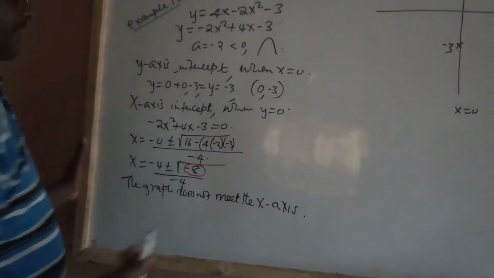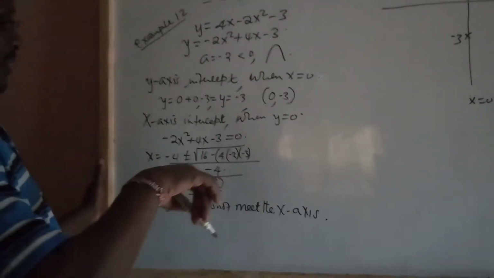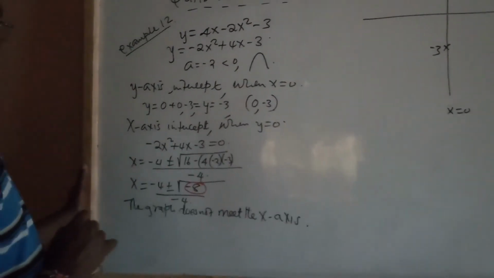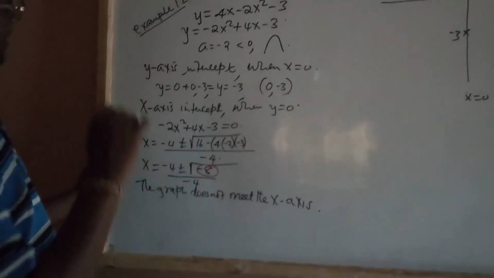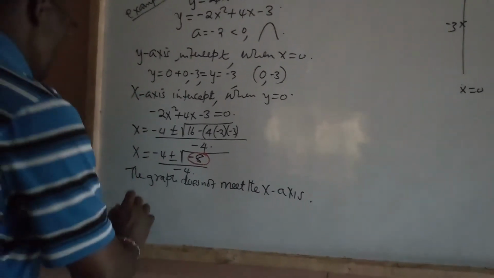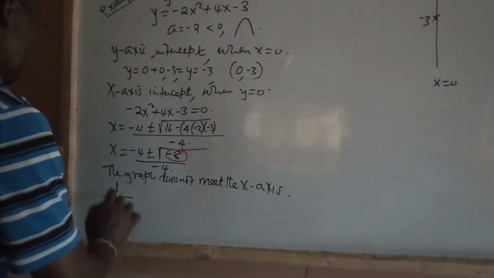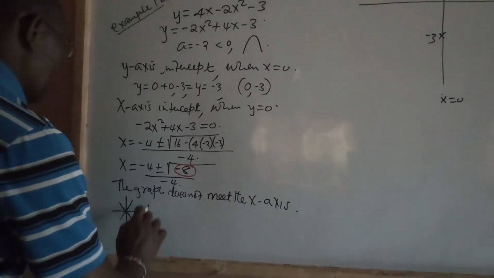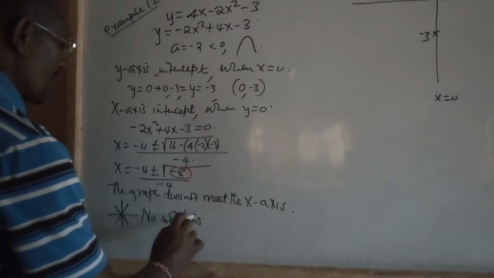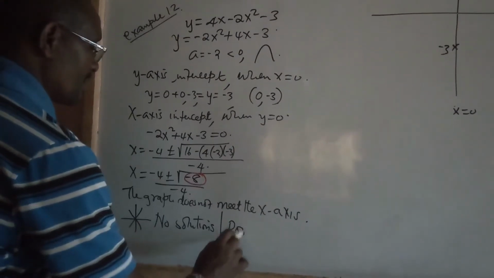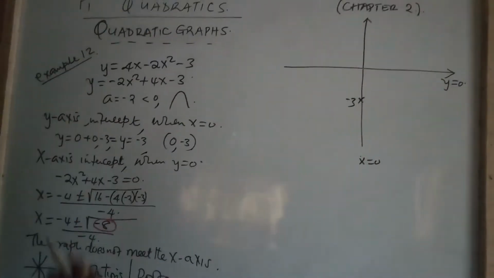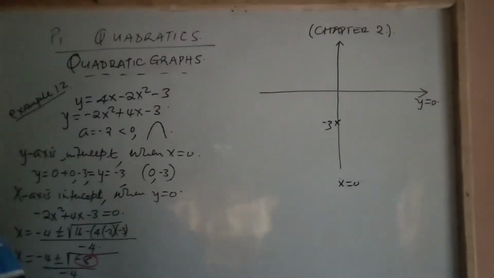We know the solutions of any quadratic function are realized when the quadratic graph cuts the x-axis, and they are called the roots. So this function has no solutions. Other books will say it has no roots, which is okay. It does not meet the x-axis.